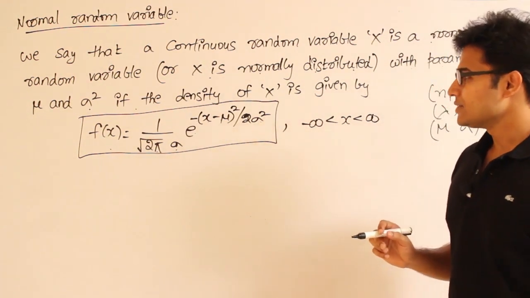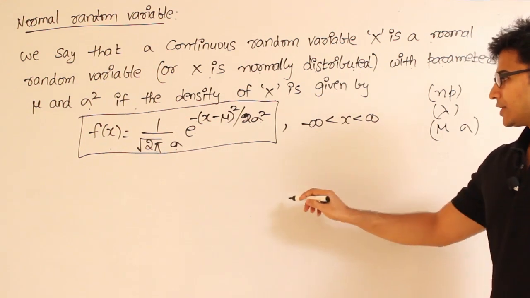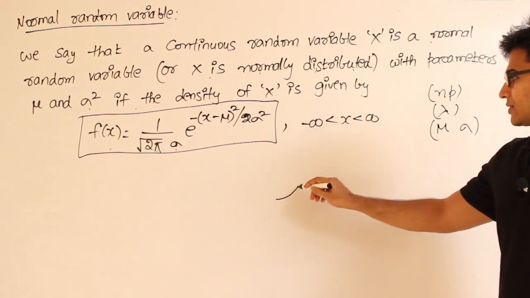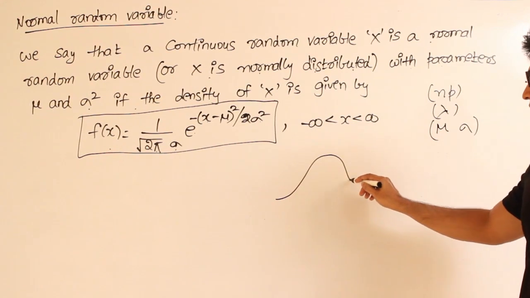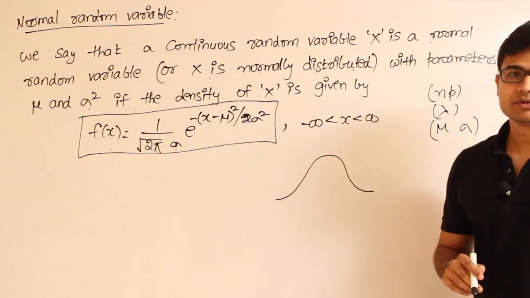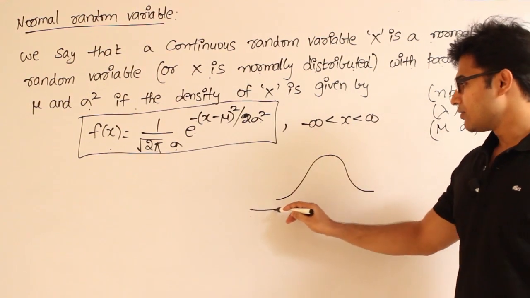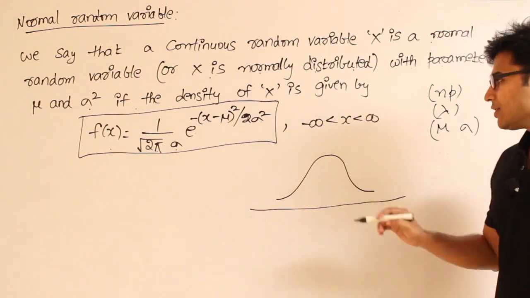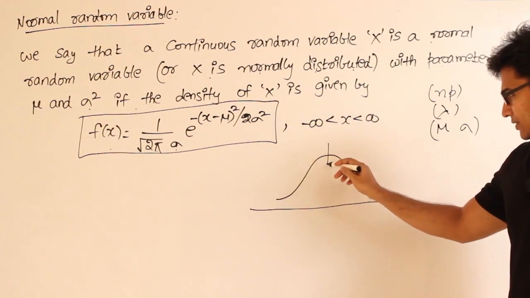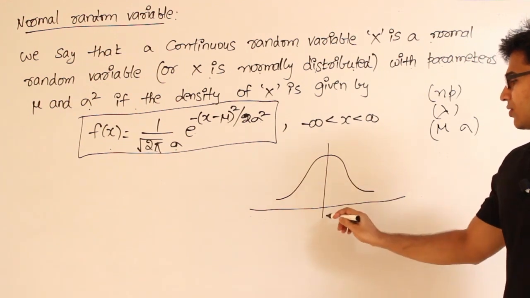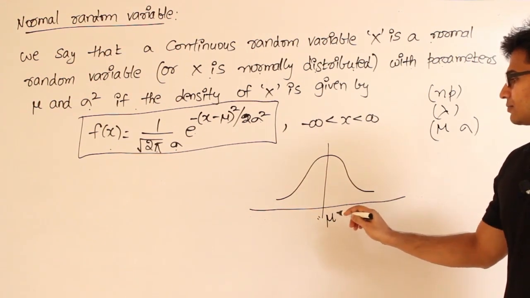And if you want to see this function visually as a graph, you will see that it looks like a bell, okay? So people call it a bell function also. And this bell is symmetric over this parameter mu, right?